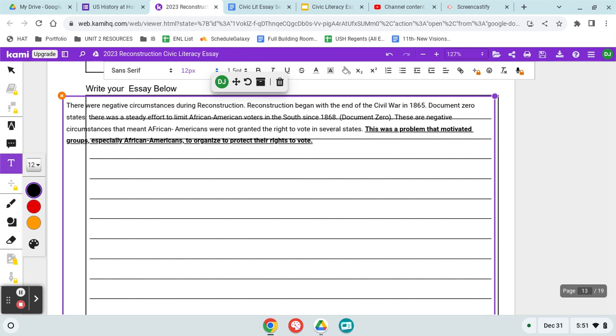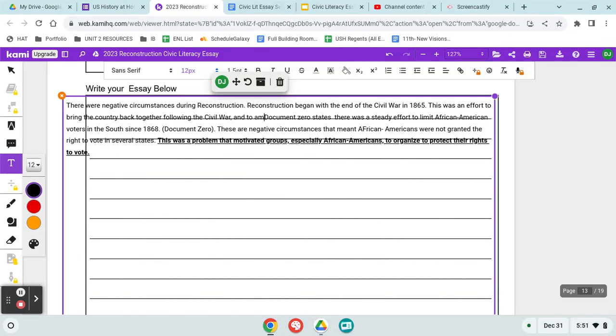Great. I bet I could also write about what Reconstruction was, right? This was an effort to bring the country back together following the Civil War, and to amend and change the way of life, especially in the South.